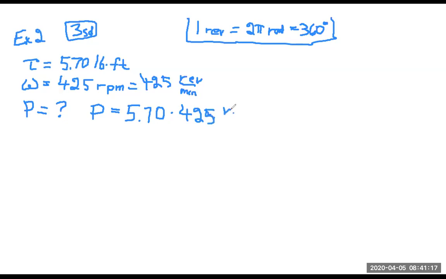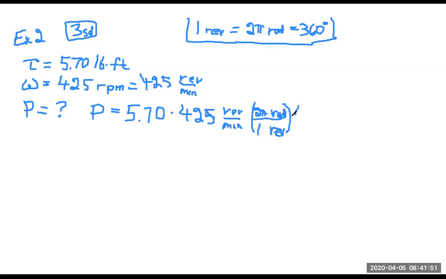So it's rev per minute, and conversion factors come as fractions. I don't want rev, I want to get rid of rev, so I put that on the bottom so it cancels. And I want radians. My conversion right above tells me that 2 pi of these makes 1 of those, and that takes care of the rev.